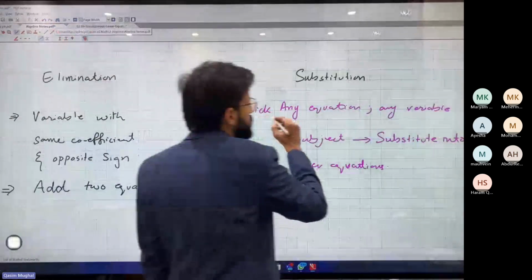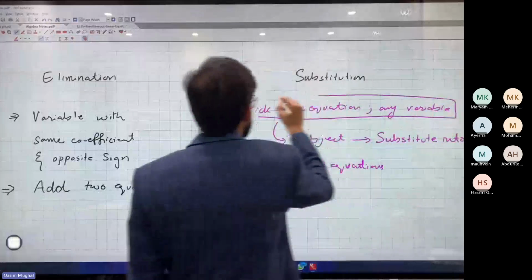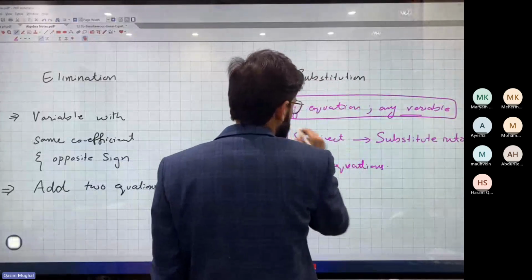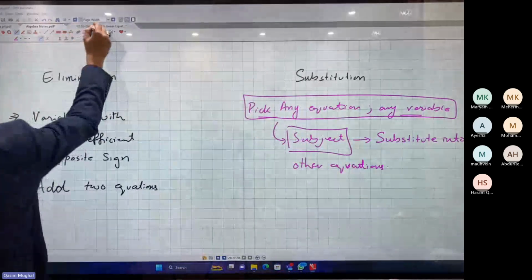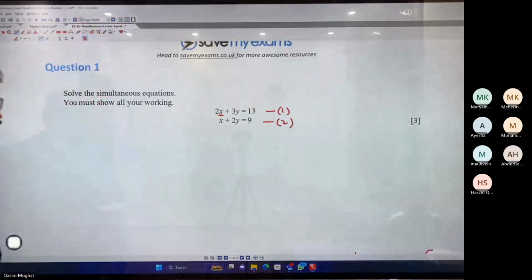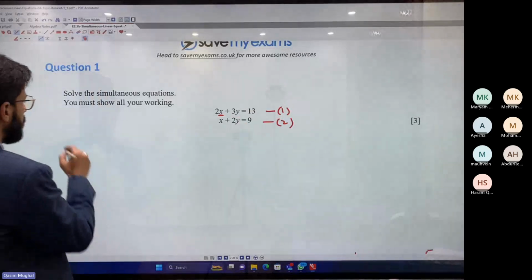Pick any equation, any variable. So whatever equation you chose and that variable, make it a subject of the equation. So variable x from equation 1.